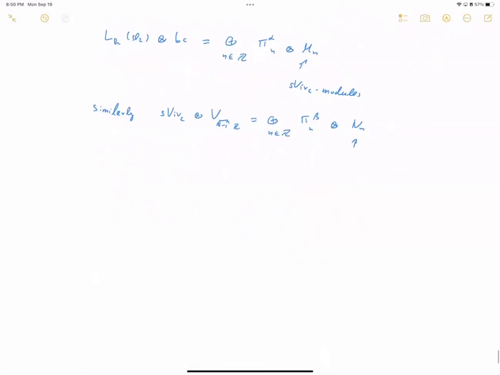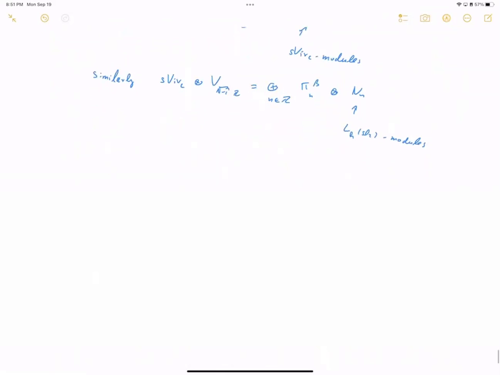So it's a module for this commuting pair of subalgebras. Okay, and now we want to use this to define really good functors between modules of these two. So let me tell you how this goes.